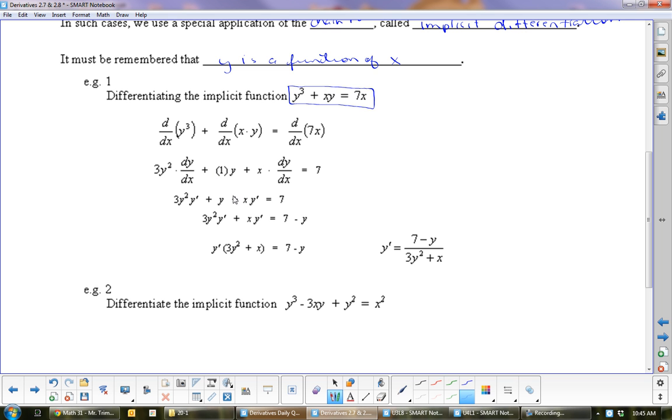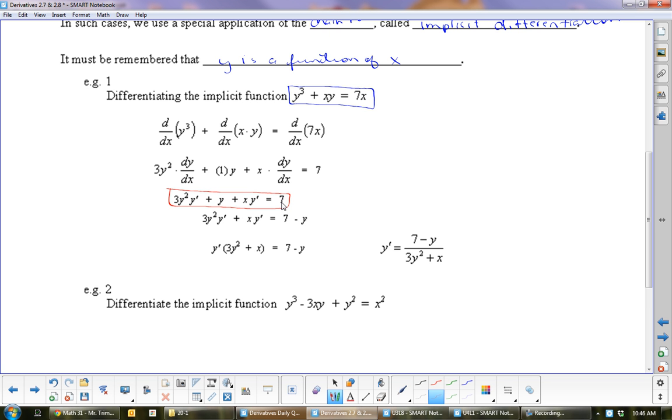When I do these, I just change them right to y prime. So this is probably more understandable: 3y squared y prime plus y plus x y prime equals 7.